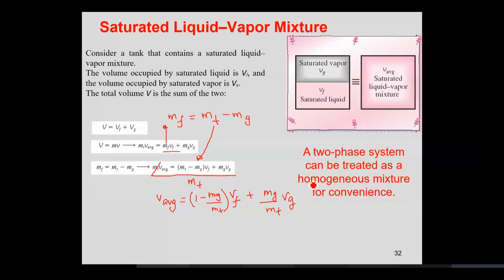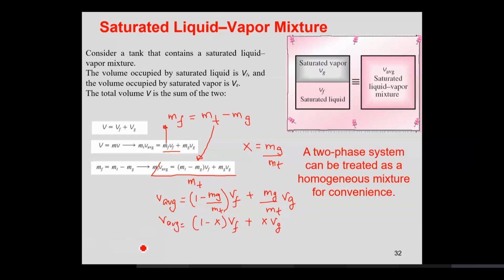Is it clear? Yes, sir. And by definition, x is equivalent to Mg over Mt. So I can replace it: V average equals (1 minus x) Vf plus x Vg. Clear enough? Yes, sir.